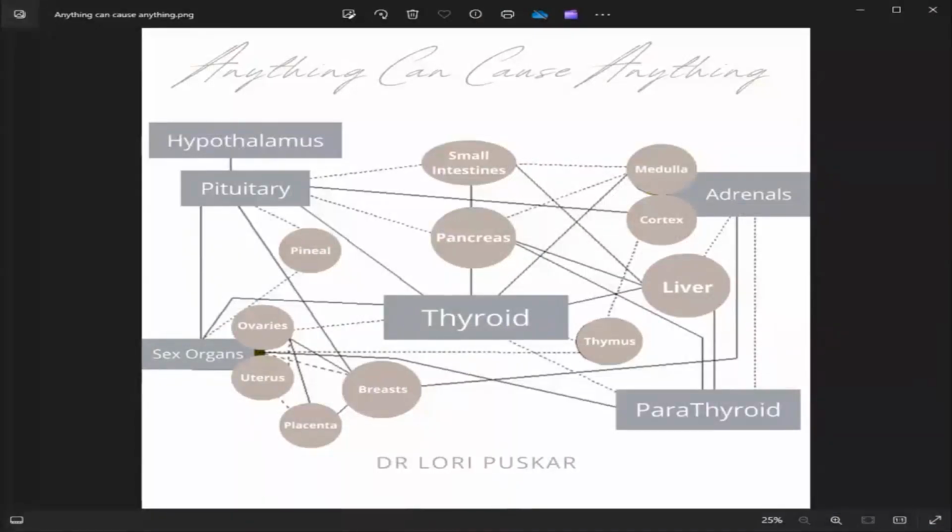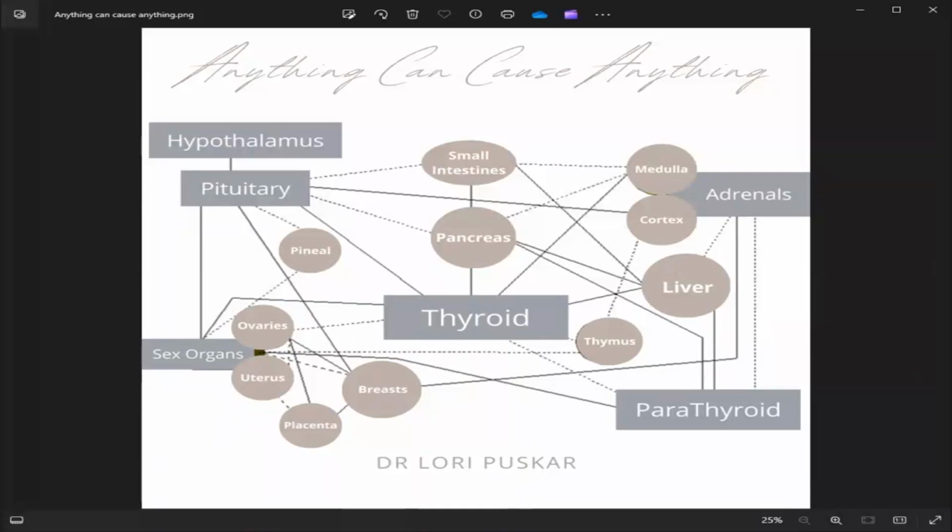Let me go and put this back on the screen for you. So you all see, there's only one answer. Okay, let's go back. And the answer is, I don't know, because as you know, anything can cause anything. Here are all the key organs and systems.